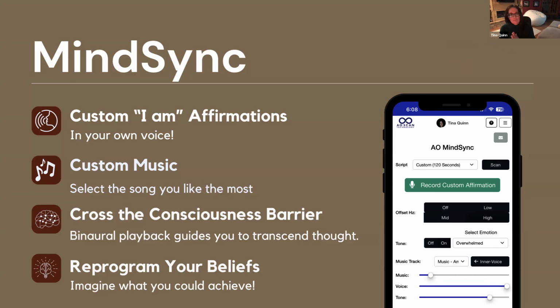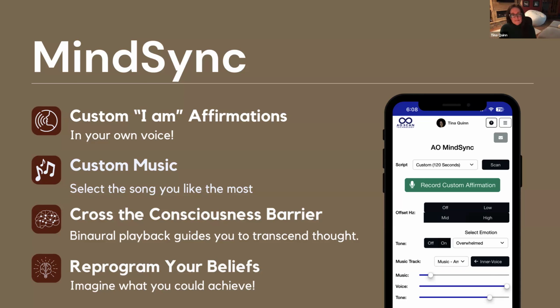And when MindSync came out, it was like I was giddy that this could be part of all of it. And I had already been using the AO scan for several years. And when this came out, it all came together for me. And I was able to connect it with my passion, which is a positive mindset.